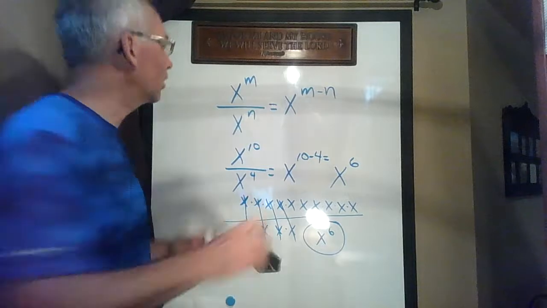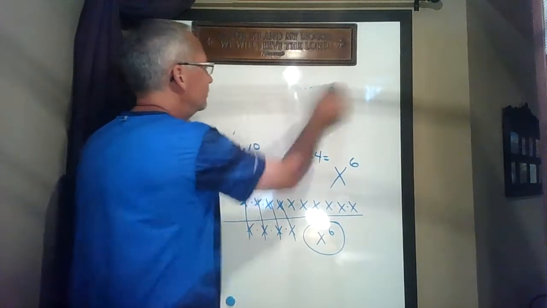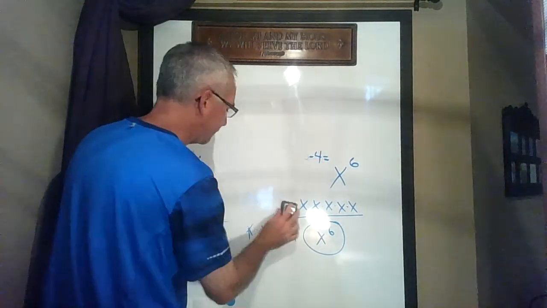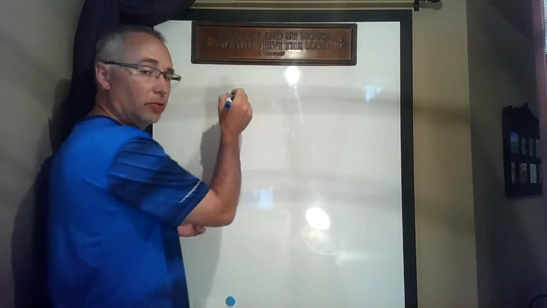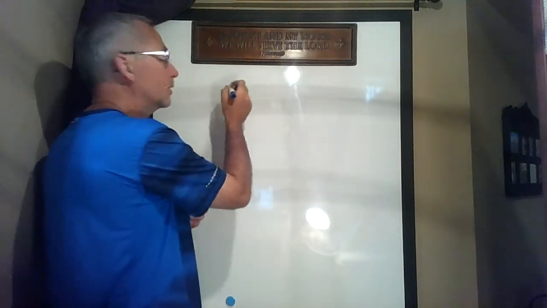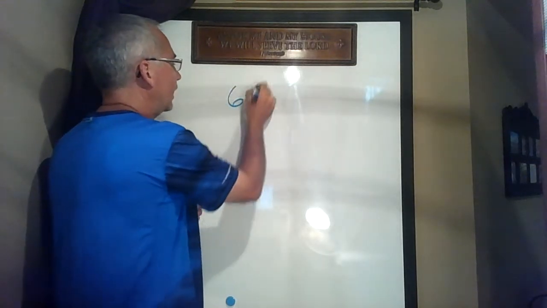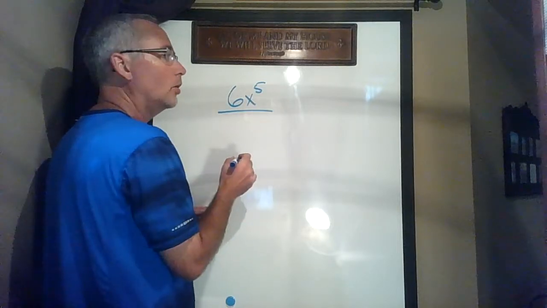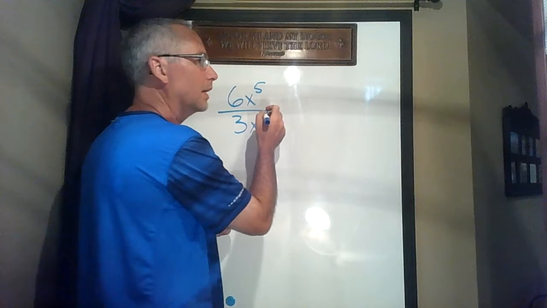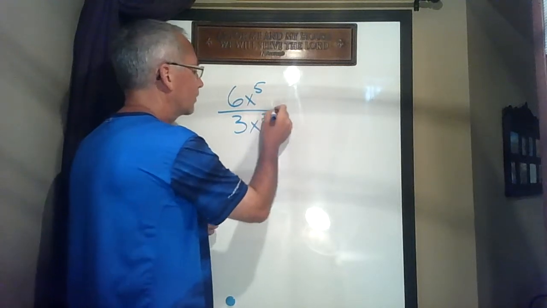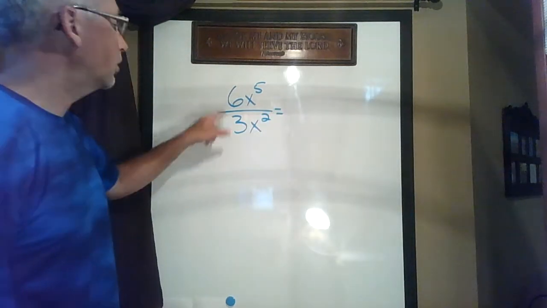Let's try a couple more before we finish up for today. Let's try something with some numbers added into it. Those numbers are called the coefficients. Let's say I have 6x to the 5th all over 3x to the 2nd. Again, our coefficients are numbers.